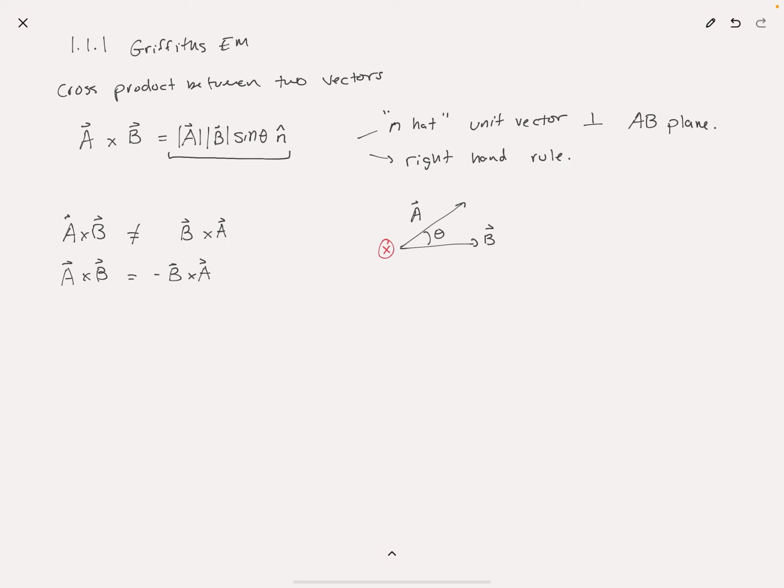All right, you can conceptualize what this right hand rule does. If I have two vectors, we'll call it A and B again. We'll stick with our conventional notation A and B like this.